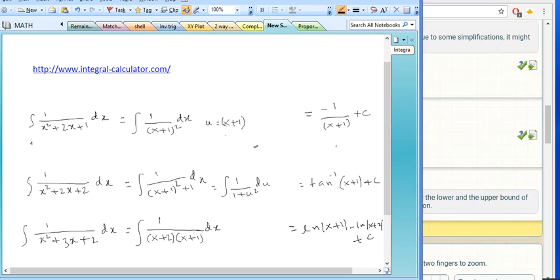You can actually also write this as ln of x plus 1 over x plus 2. But anyway, that's not important.